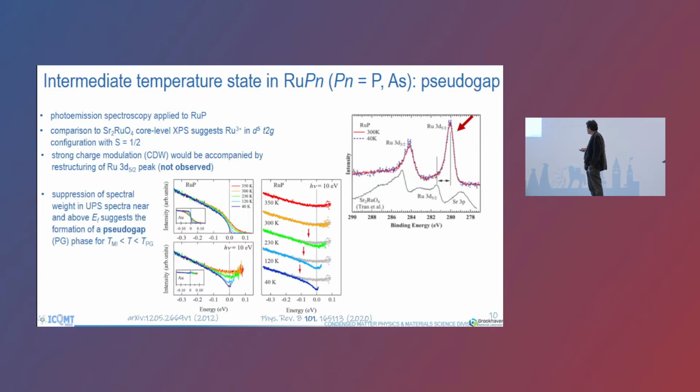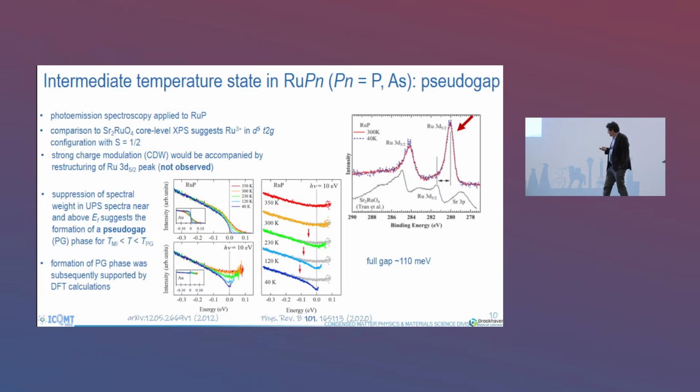The other aspect is that there is a suppression of spectral weight in the UPS spectra near and above the Fermi level that suggests the formation of a pseudogap at this higher temperature. Okay, and this has been subsequently confirmed in DFT calculations. The full gap at base temperature is of the order of 100 meV.